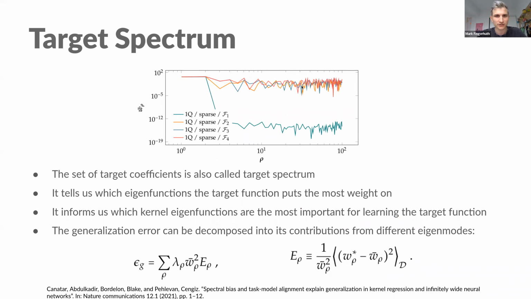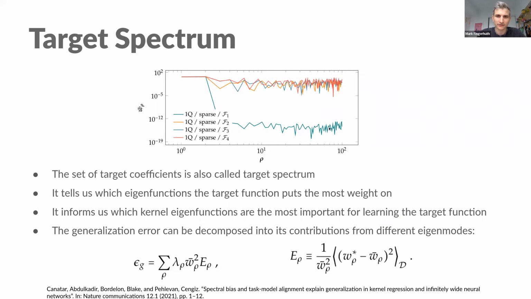These target spectra will again become useful when we try to reason about how a particular kernel and a particular prediction task align or not. So once again, we call that a target spectrum, and it tells us which eigenfunctions of the kernel the target function puts the most weight on.